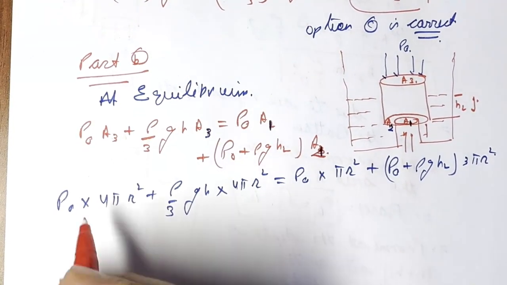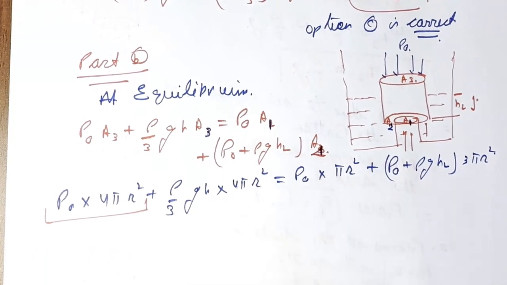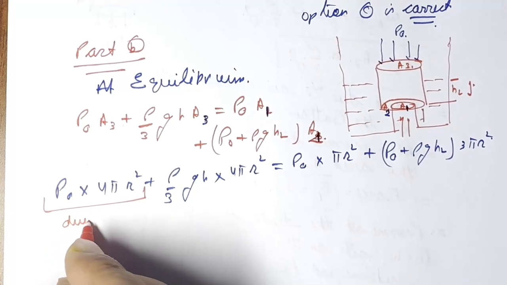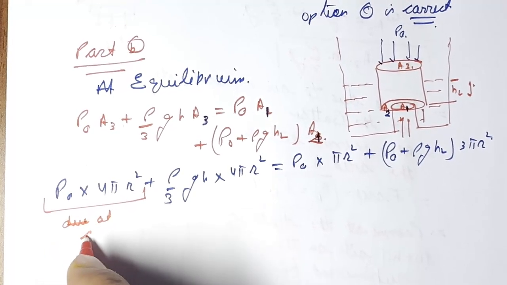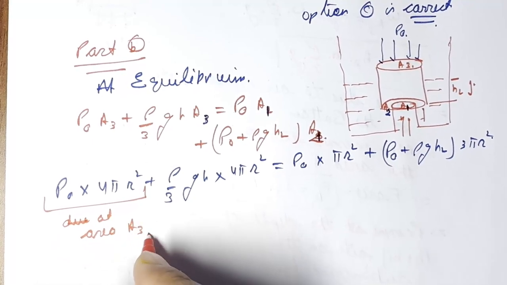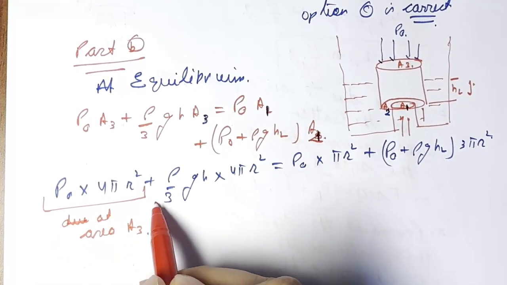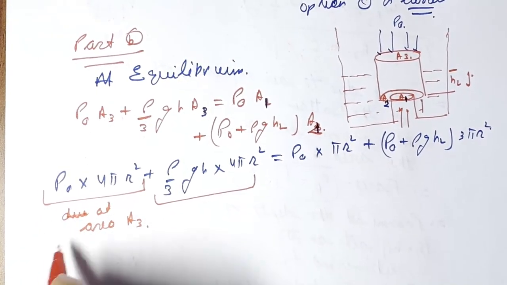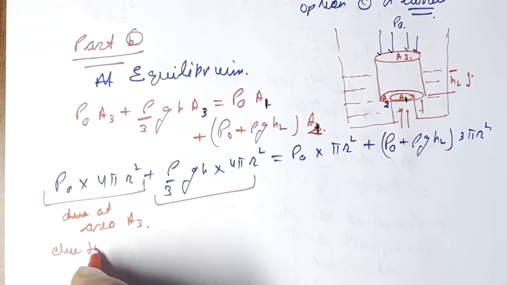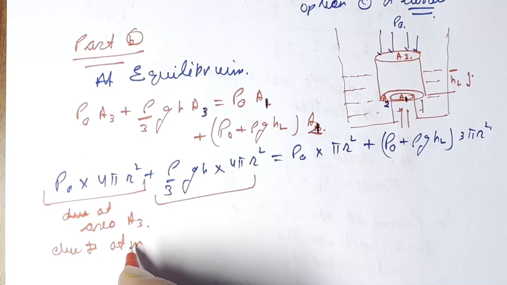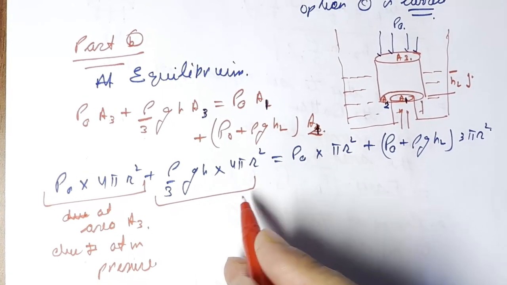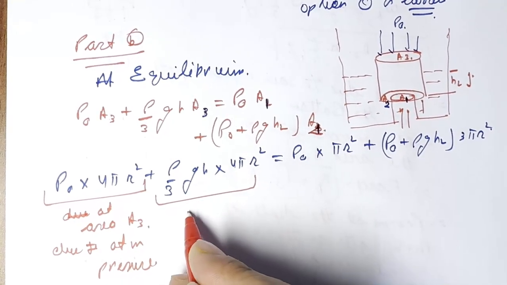Let me write it here. This is our head, area A3, and this is our atmospheric pressure due to atmospheric pressure, and this is our weight.